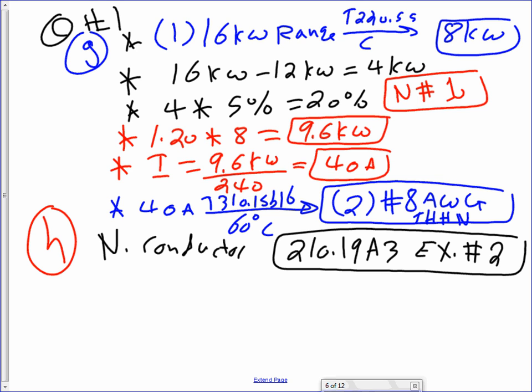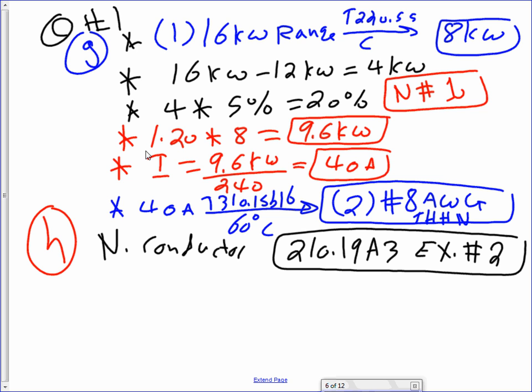All the information I'm going to use is coming from that particular one. 210.19(A)(3) exception number 2 tells you if your range is 8 3/4 kW or larger, then my friend, you can't have an overcurrent device less than 40, and you can derate the neutral to 70%, but you cannot go less than 10.